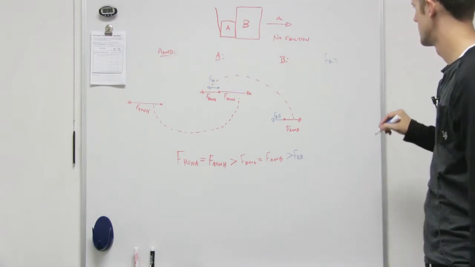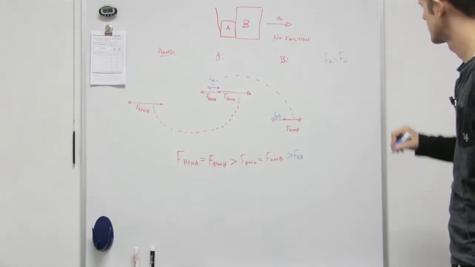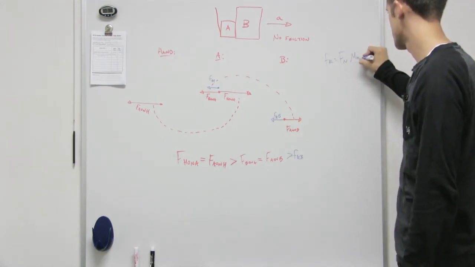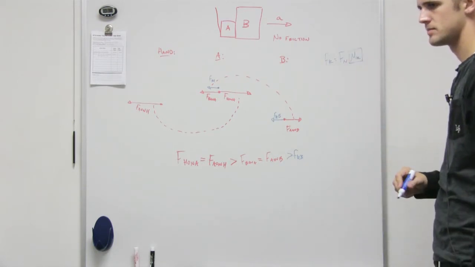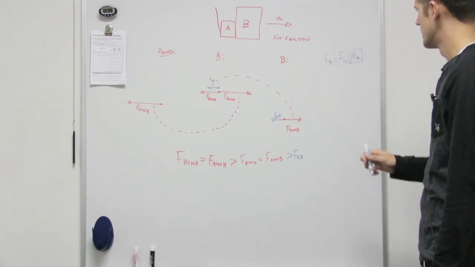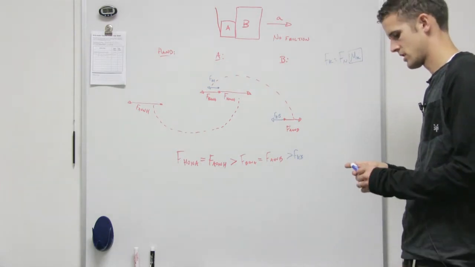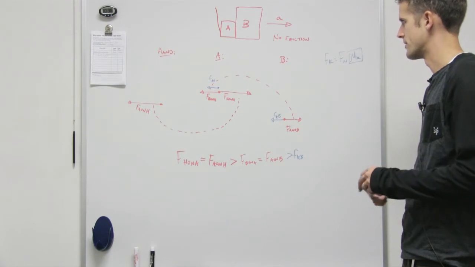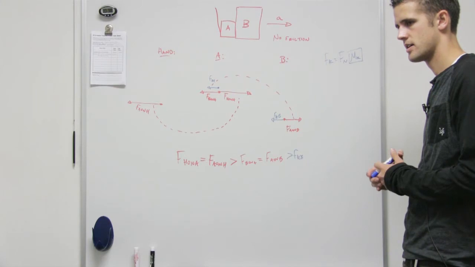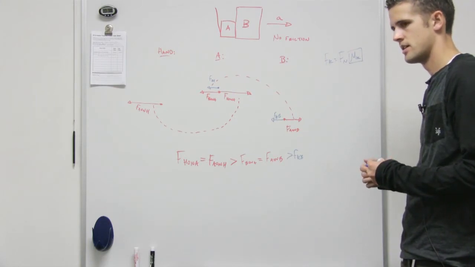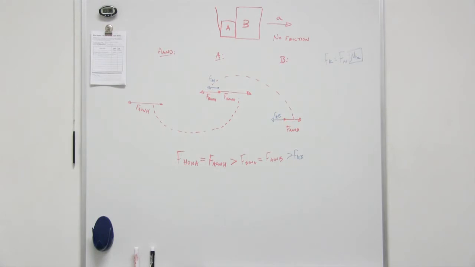Friction equals the normal force times the coefficient of friction. It tells us the coefficient of friction for A and B are the same. So the only thing that could change would be the normal force. So which one will have a bigger normal force?